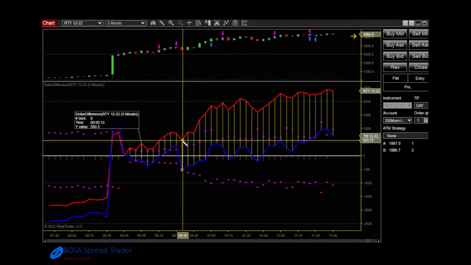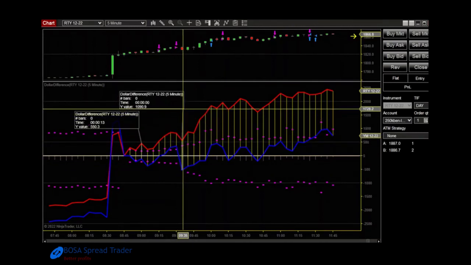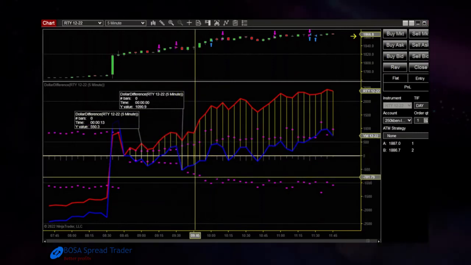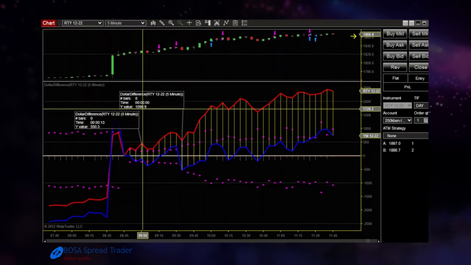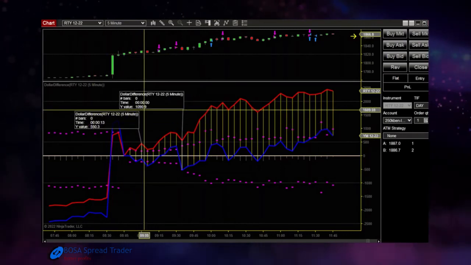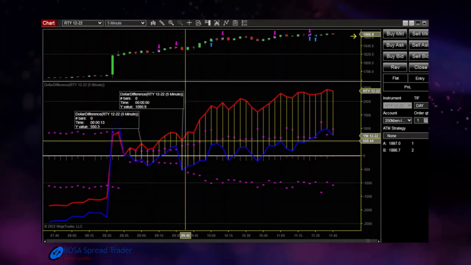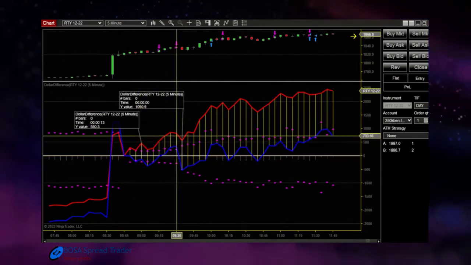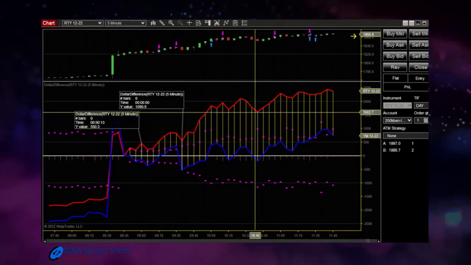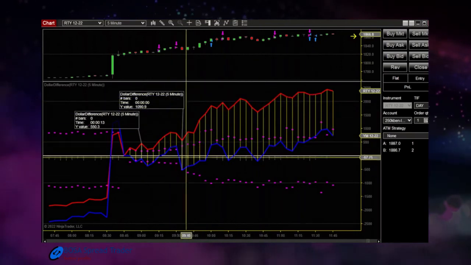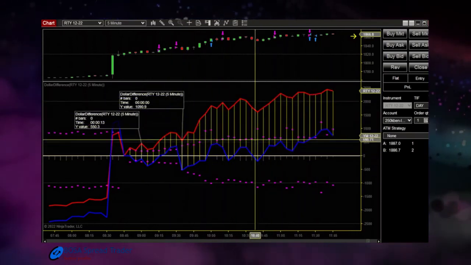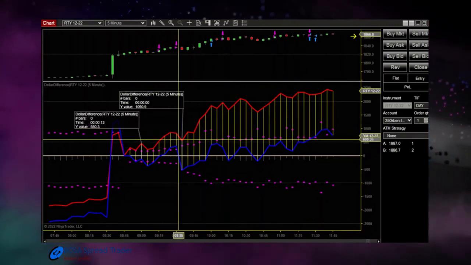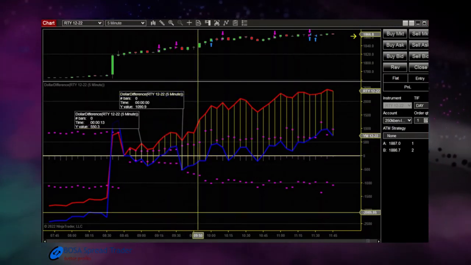And YM tanks, and the Russell tanks a little bit, but the YM drops considerably. So we made this a $540 difference, right, between those two levels, the notional values. This would have been a buy right here, and we would have looked for that increasing volatility, and basically anytime in this whole day, if we sold out, we would have been golden. And that's how that would have been traded.